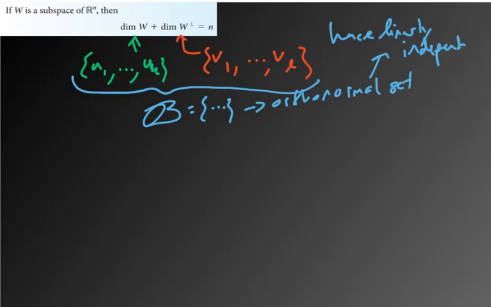And that is nice because it is one of the main conditions to form a basis. So what we're going to try to argue now is that this set B of these vectors U1 through UK and V1 through VL also span Rn. So if they are linearly independent and span Rn, then they are a basis for Rn. And that's going to be our key point, basically.